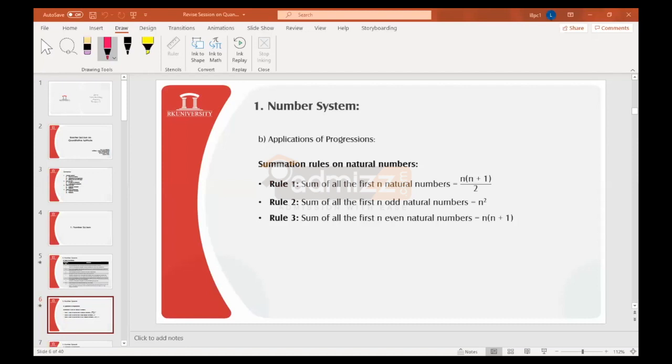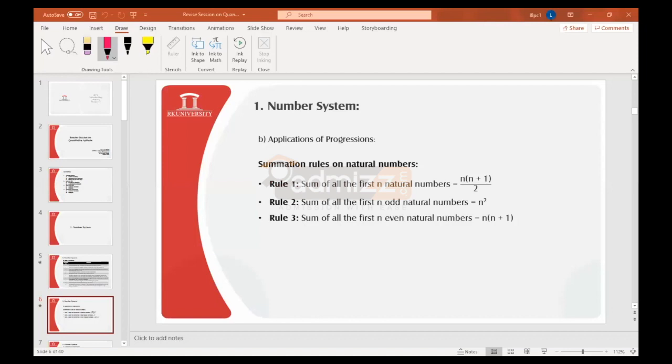So 2 plus 99 multiplied by 2, which is 198, plus 2 is 200. So the 100th term is 200.